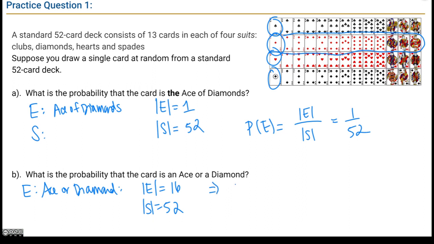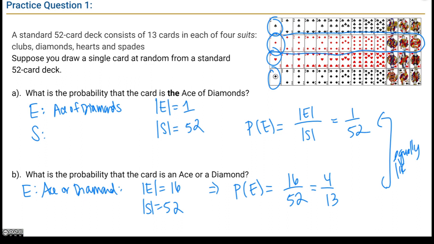So I end up saying that the probability of E here now is 16 out of 52, or 4 out of 13. That's not the only way I could have thought of this. Again, both of these were just using the equally likely outcome viewpoint, which is great when I'm just drawing cards like this.